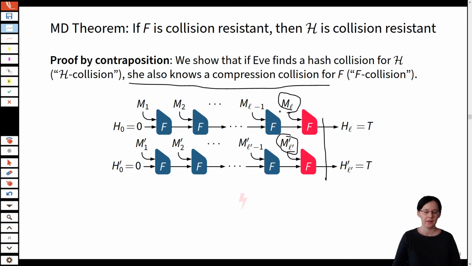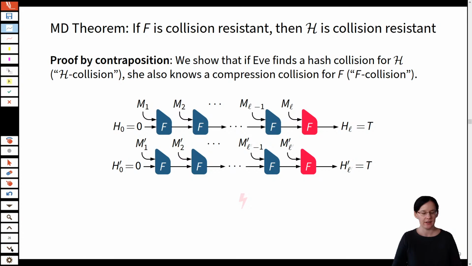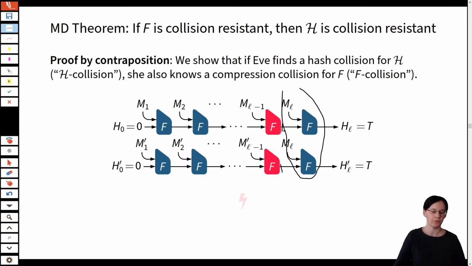Let's assume that the length of the two messages was the same, and the content of the two last blocks was also the same. Now it depends on the content of this chaining value here. If these chaining values were different, then we also have found a collision for the last compression function call, whereas if the two chaining values were actually identical, then what this means is that the two inputs to the last compression function calls were identical, but we now can recursively continue the same analysis in the step beforehand.